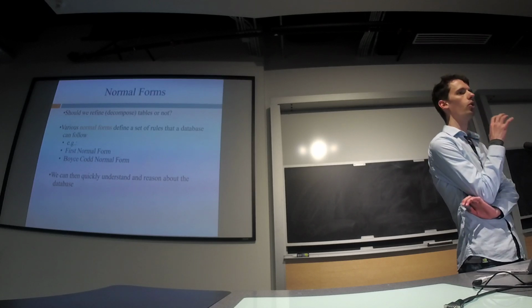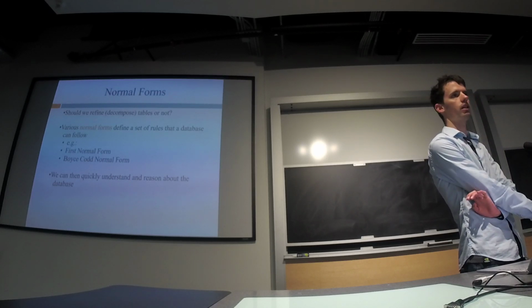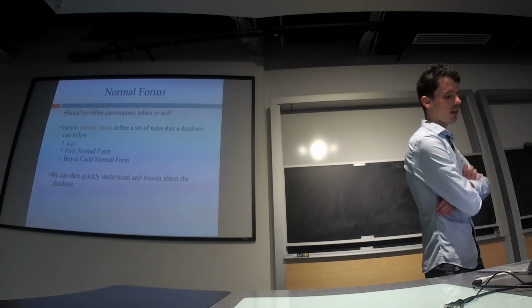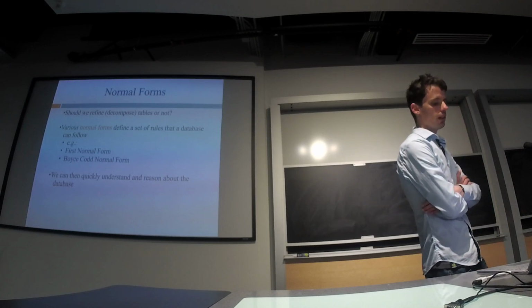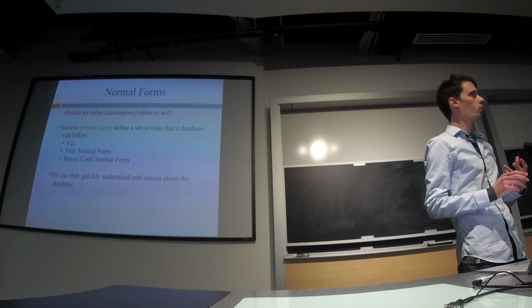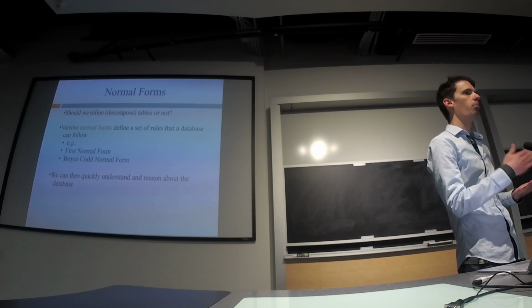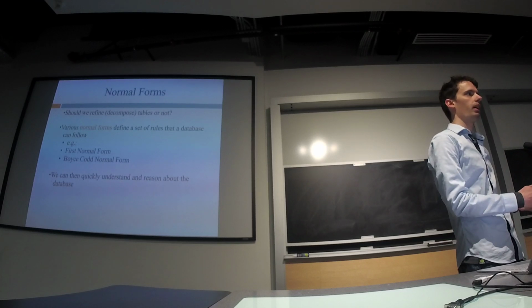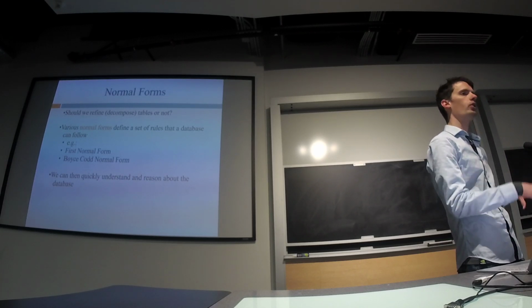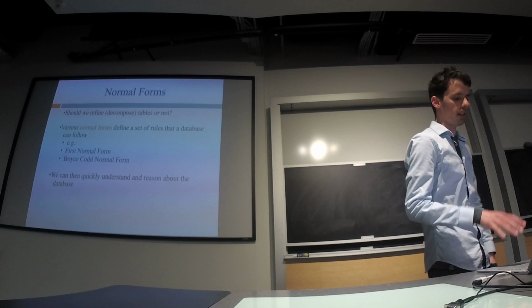Certain rules hold for every relation in your database. And so we'll talk a little bit about first normal form and Boyce-Codd normal form. In between those are second normal form and third normal form.